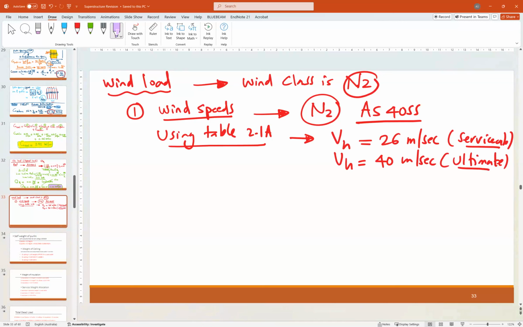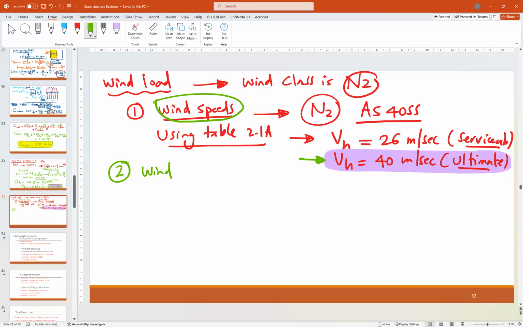In this example, we don't need both of them because we are not designing the beam for deflection. So you can just find the ultimate wind pressure. So the first step is the ultimate, sorry, or the design wind speeds. The second will be the pressure or the wind pressure.